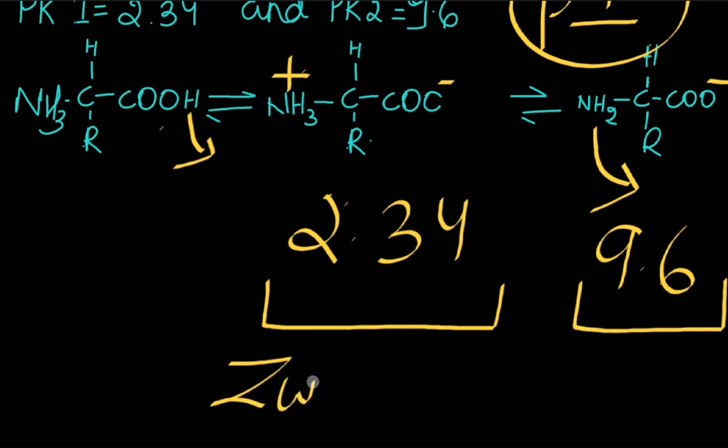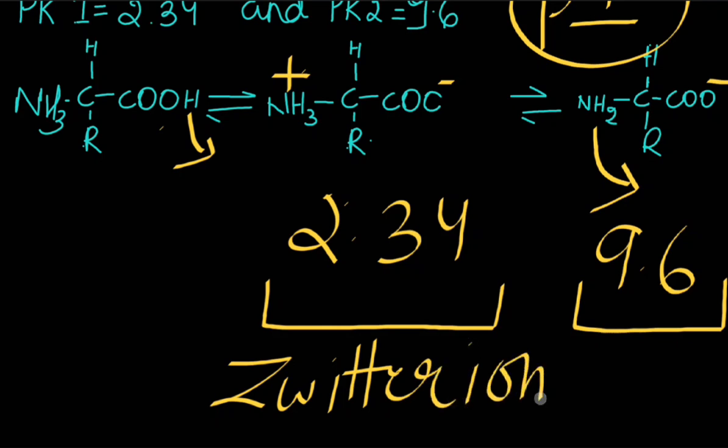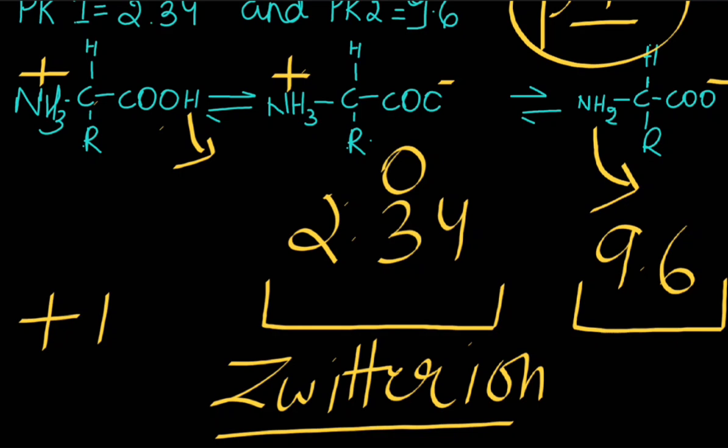This is the zwitterion. The first form has a charge of +1, the zwitterion has no net charge, a charge of 0, and the last one has -1.